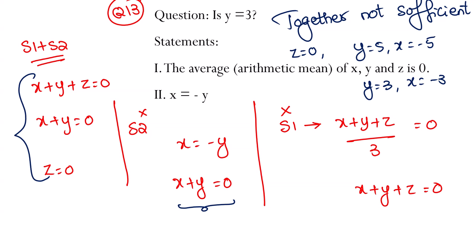Only z is 0 concluded; y and x we cannot conclude with this information. So together not sufficient is your answer. We need additional data to solve the question. Likewise, options are available. You can pick those options. For better visibility of the question, I removed the options. That's routine: one alone, two alone, each statement alone, both statements together necessary to answer, or both statements put together not sufficient to answer.